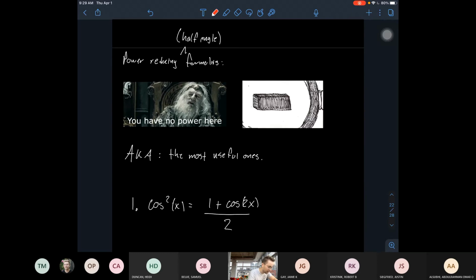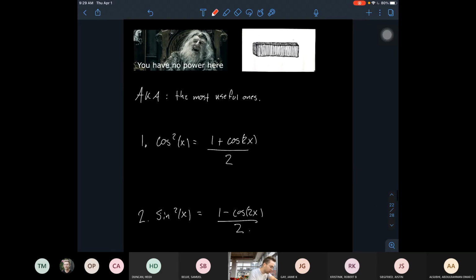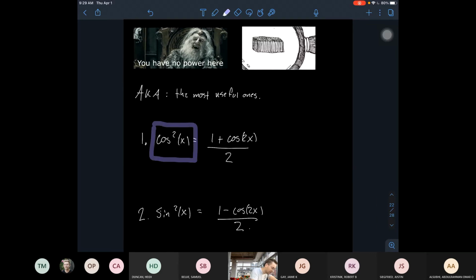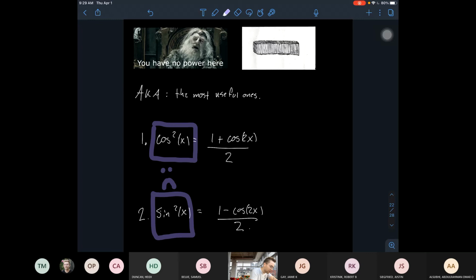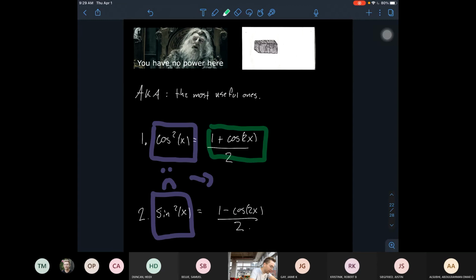The reason that they are so useful is they turn these two functions, which we hate, okay, we don't like these ones, into these expressions, which are very friendly.